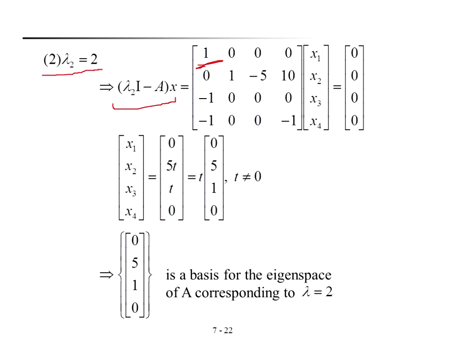Similarly, I get 5t, t. So first of all I take t common outside, then we have 5, 1. It is called the eigenvector.